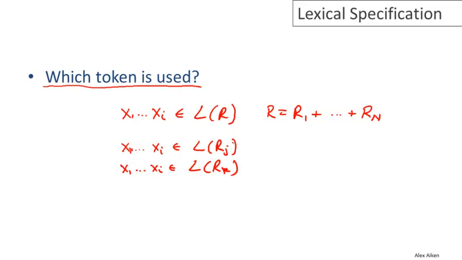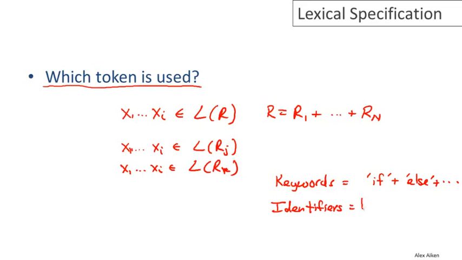For example, just to make this concrete, recall that we could have a lexical specification for keywords, which would be things like if, else, and so on, and also for identifiers. An identifier was a letter followed by a letter or a digit, repeated.